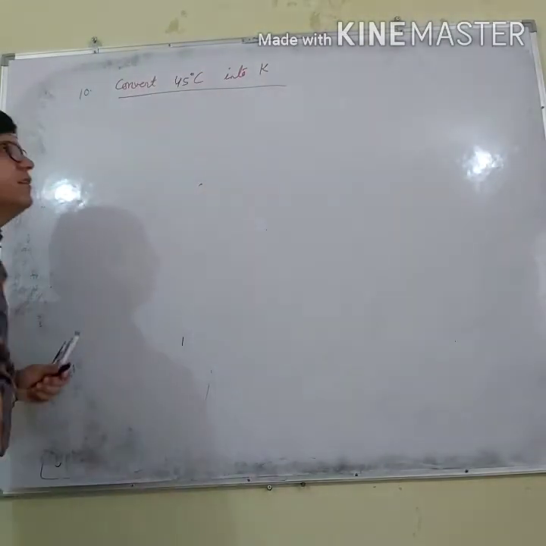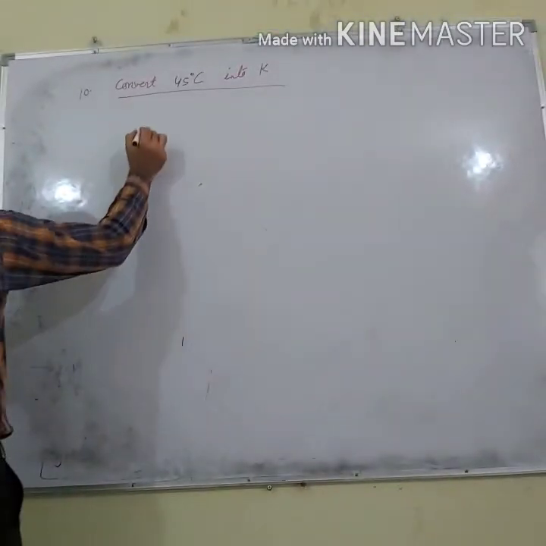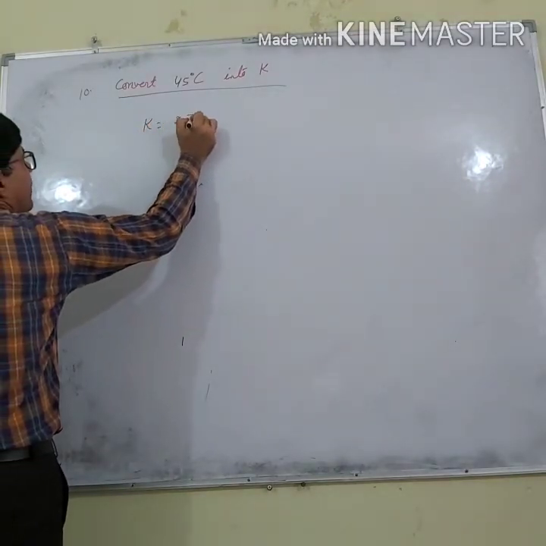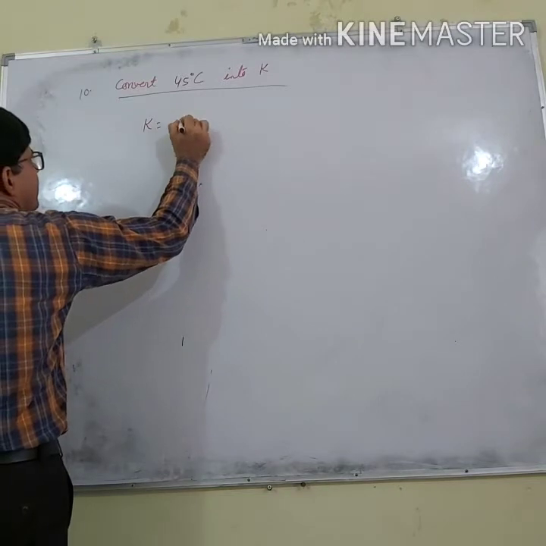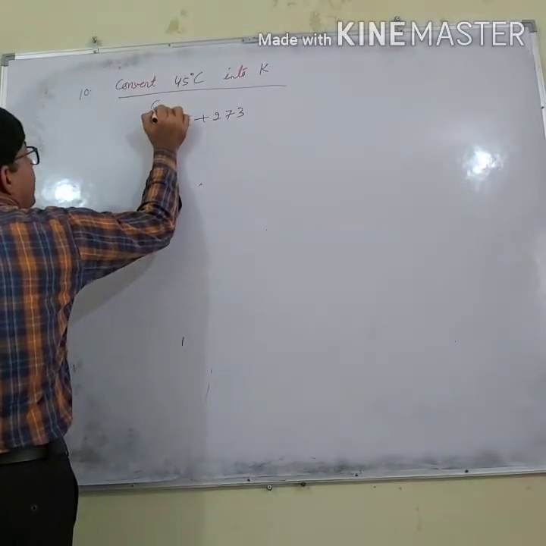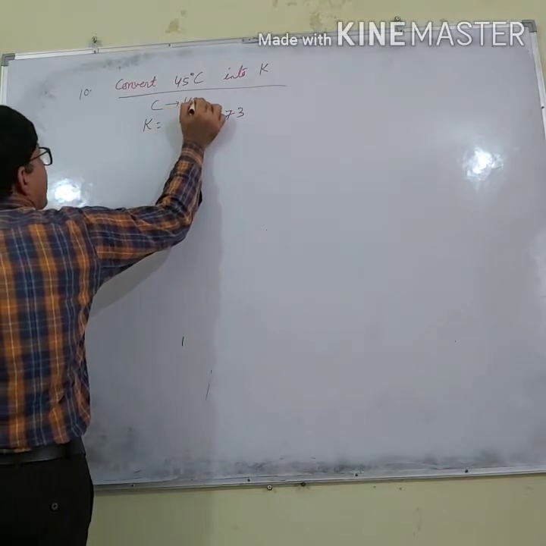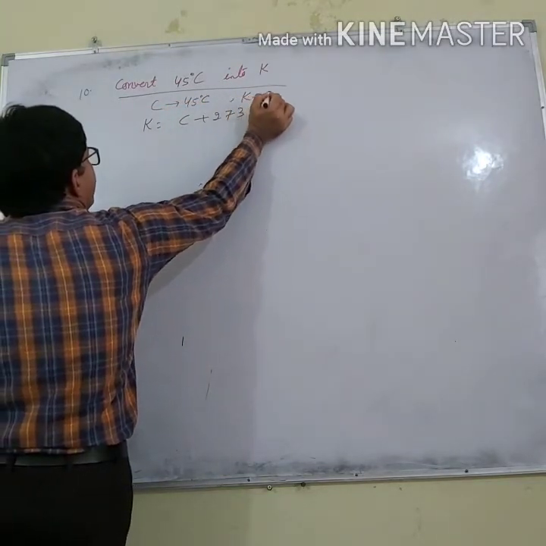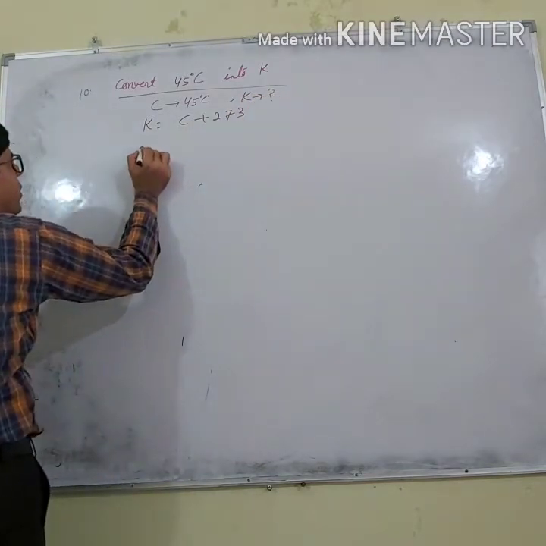Next is convert 45 degrees Celsius into Kelvin. Same, K is C plus 273. What is temperature in Celsius? 45 degrees Celsius, and temperature in Kelvin, that I have to find out.